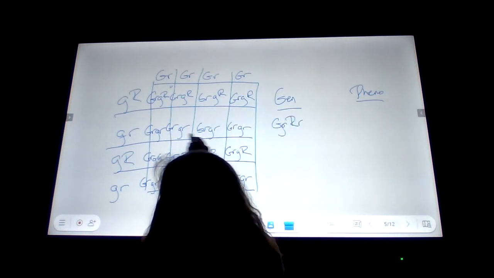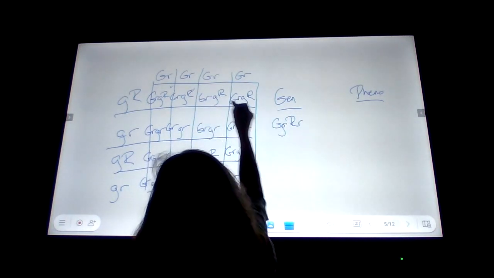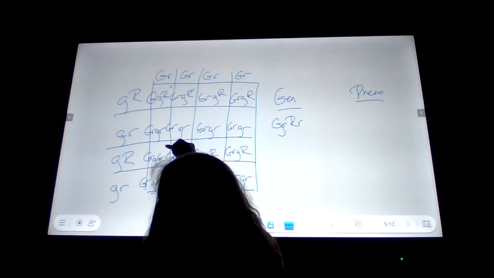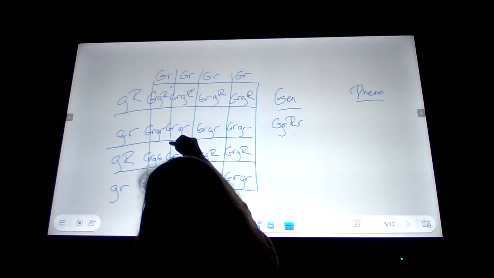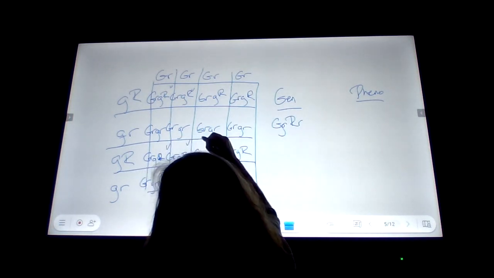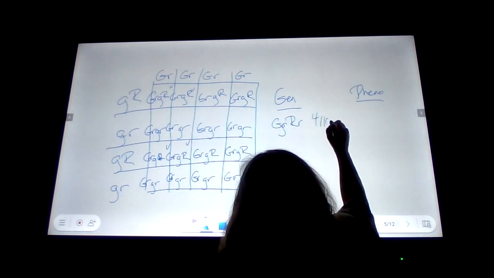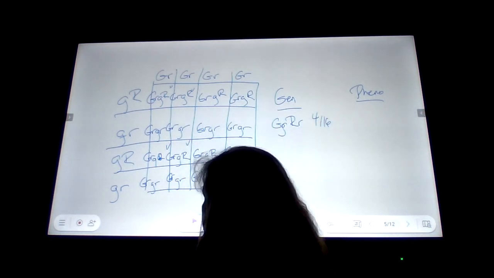And if I start looking at the rest of my squares, I can see I've got one here, and I have, that's an R, and I have 2 more down here. So I have 4 out of 16 that are big G, big R, little r.